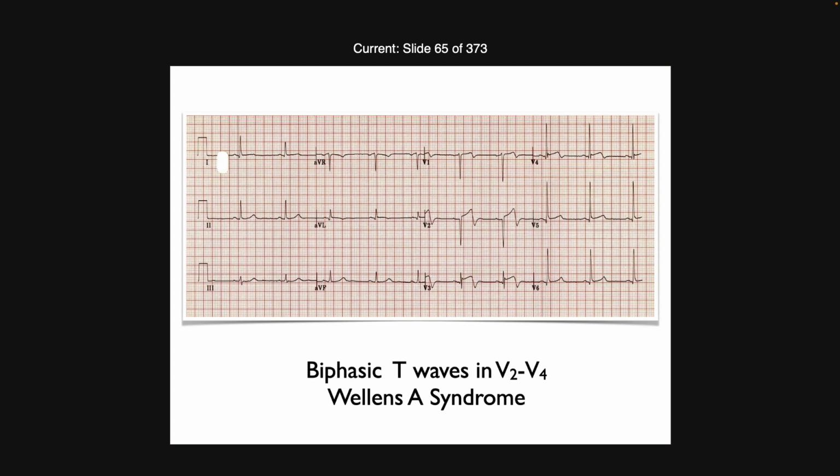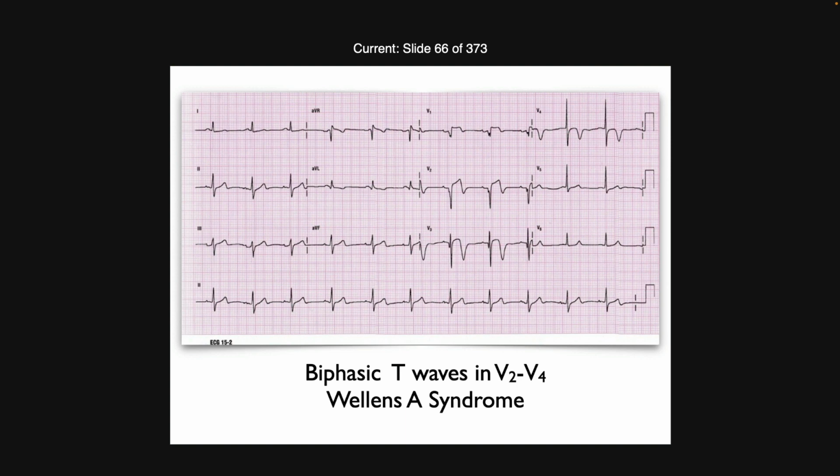Biphasic T in V2 through V4. It's a good indicator of LAD occlusion, and that's what it looks like. So whether it's Wellens A or Wellens B, for our purposes, they mean exactly the same thing. Here's another one. This one almost looks just like Wellens B, but this is Wellens A.